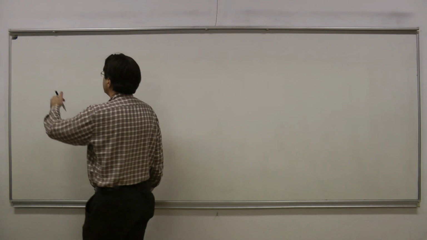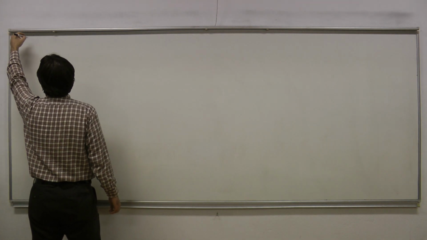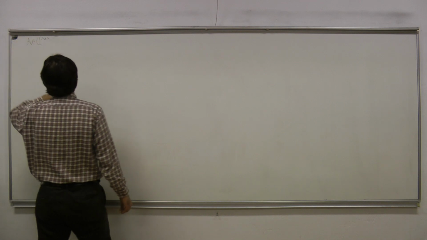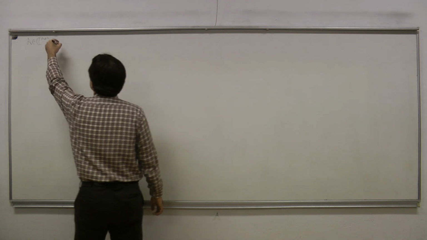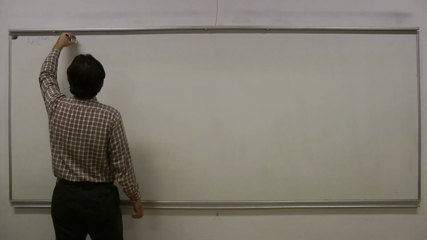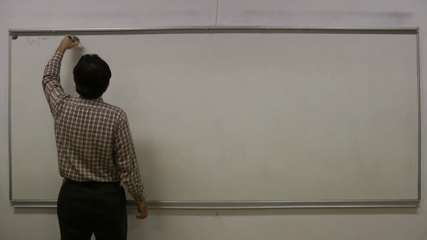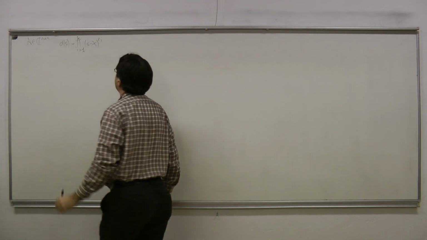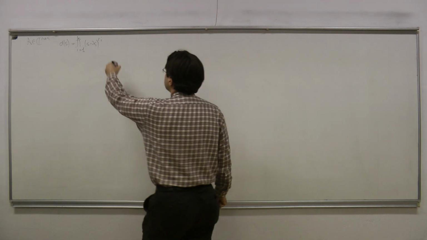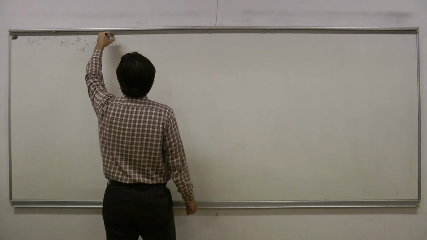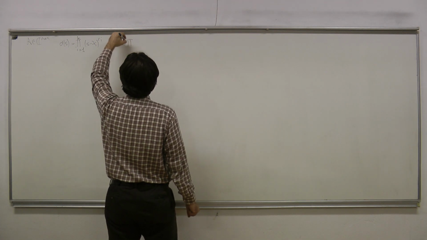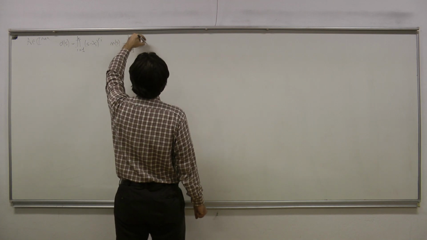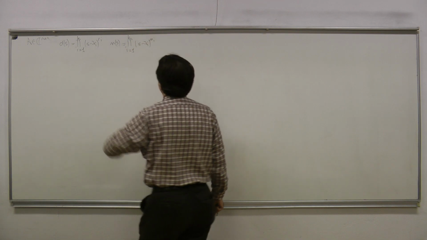So we have seen the following facts here. If A is in C^(n by n), then the characteristic polynomial d of s has the form: product over i from 1 to k of (s minus lambda i) to the power ri. Similarly, the minimal polynomial m of s is the product over i from 1 to k of (s minus lambda i) to the power mi.